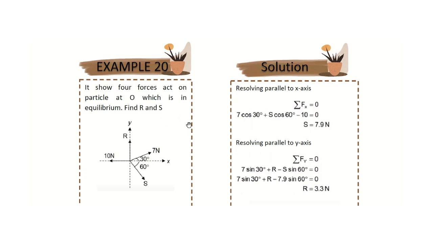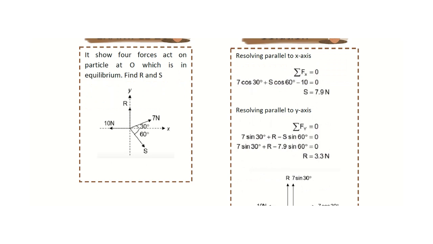Because the forces are in equilibrium, we will set the total force Fx equal to 0. So we first find the total force Fx, meaning the total force at the x component. First here we have 7 cos 30 for the 7 Newton force. For the x component we will use the formula r cos theta.